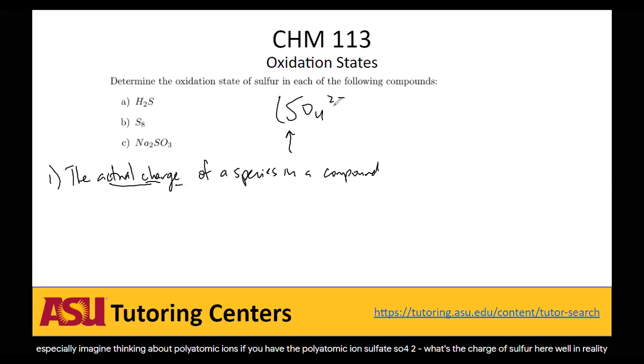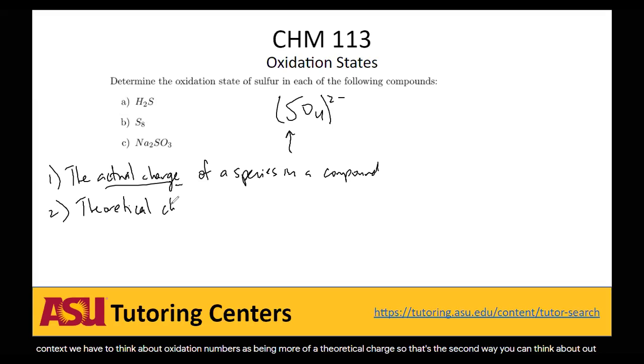It's the entire species that's charged. The sulfur doesn't actually have a charge itself. So in that context, we have to think about oxidation numbers as being more of a theoretical charge. So that's the second way you can think about oxidation numbers. It's a theoretical charge of a species.